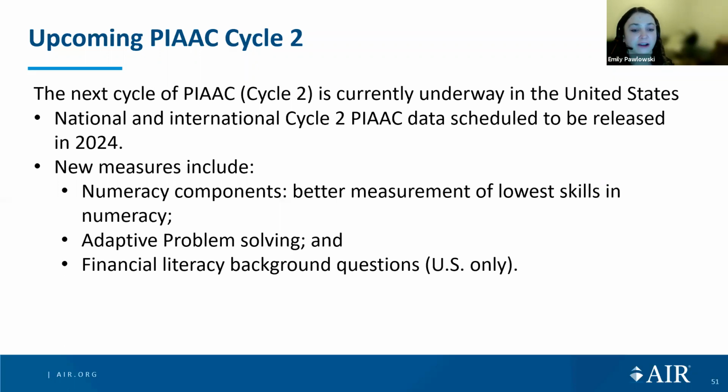The first cycle only included reading components, which measure the lowest skills in literacy, but cycle 2 is also going to include numeracy components, so that will provide a better measurement of the lowest skills in numeracy. Instead of digital problem solving, there's now a new domain called adaptive problem solving, which will look at how people adapt to changing situations and the way they solve problems. And then within the US, we're adding some background questions on financial literacy.